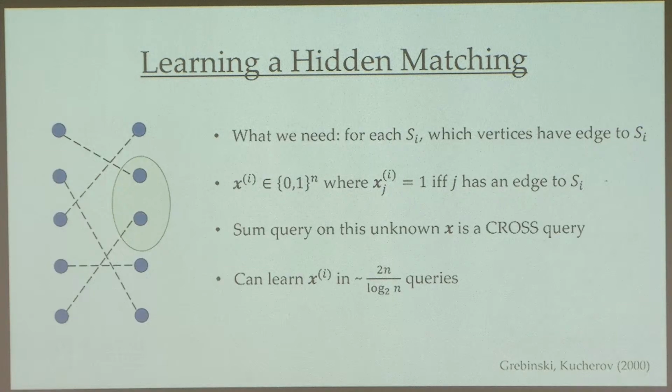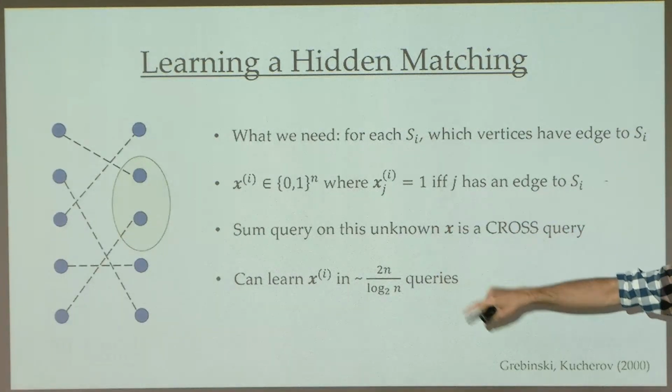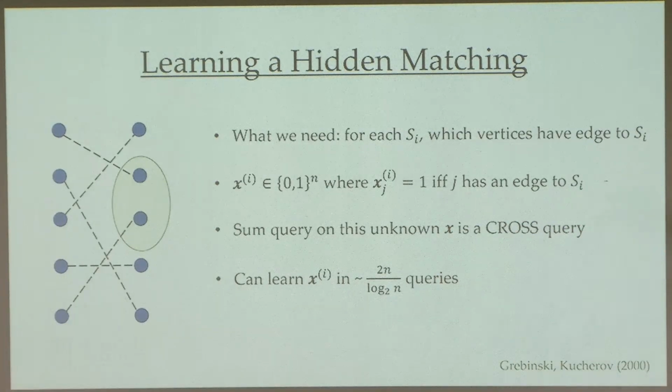Now you observe that if I want to do a sum query on this vector, which is, I take a subset on the left and ask how many of them have neighbors in this fixed green subset on the right, well, that's precisely a cross query. So I can do a sum query on the vector on the left, the vector that I want to learn, using one cross query in this graph.